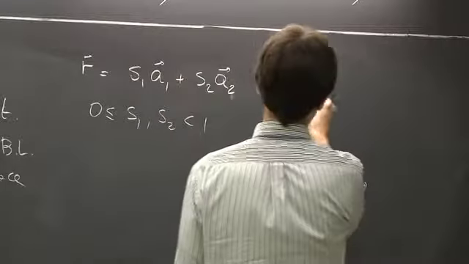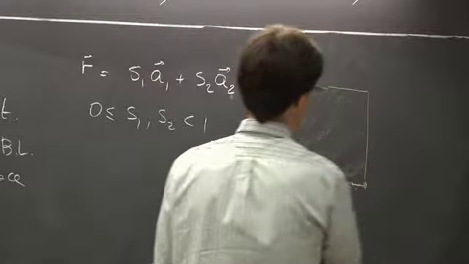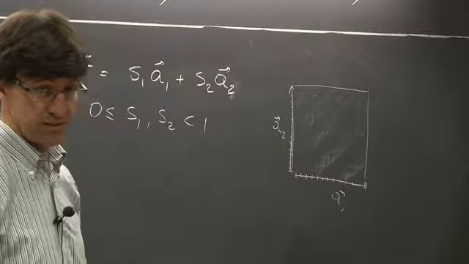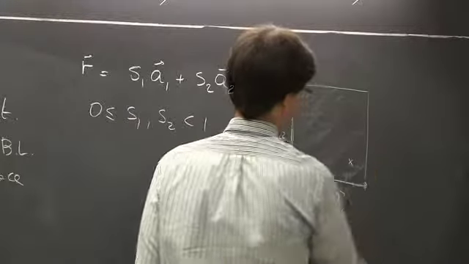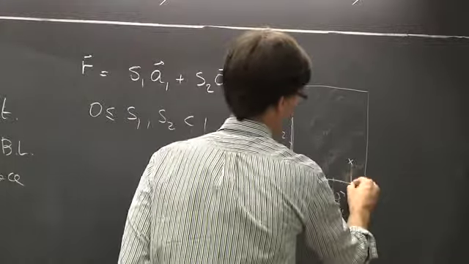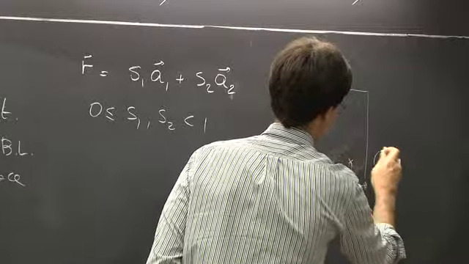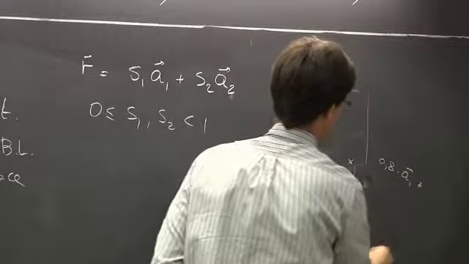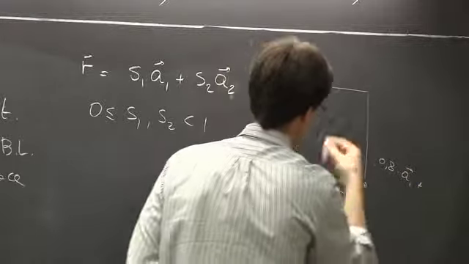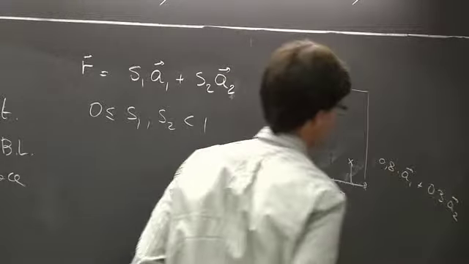So when I take the sum of the two, I'm defining the whole region, right? Is this clear to everyone? Say, let me take this point, for example. This point would be characterized by, roughly, 0.8 times A1 plus, whatever, 0.3 times A2, right?